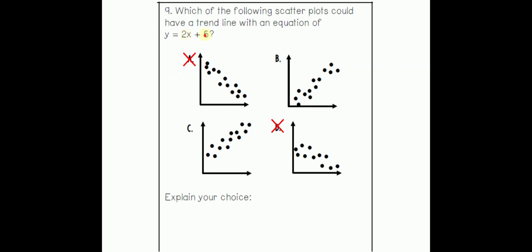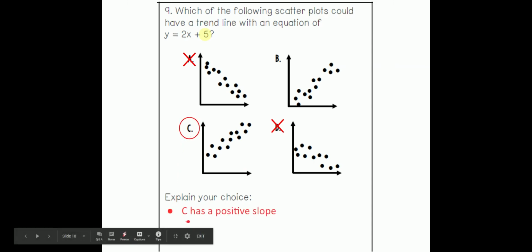Our next clue is the 5. Now the 5 tells us our line should probably start higher. It wouldn't start at the 0, and it wouldn't start over here. So this looks like the trend line would start probably down there. This looks like it is 5 up. So I would think the best one is probably C. And we say this because C has a positive slope, whereas A and D do not.